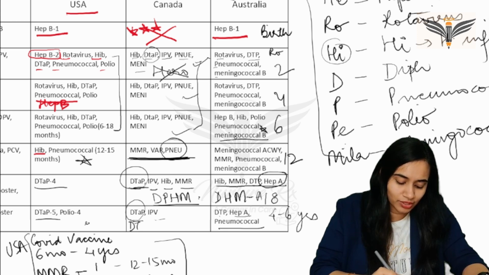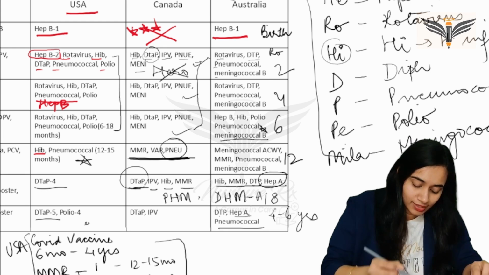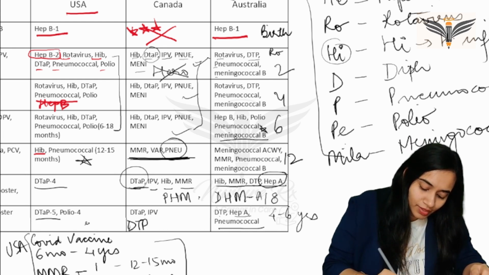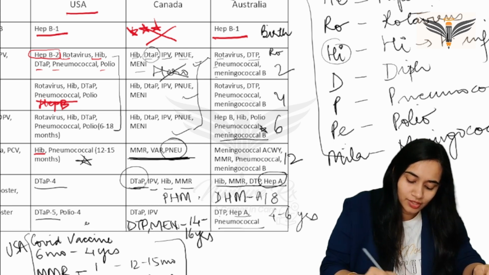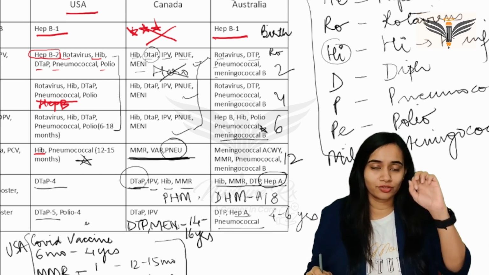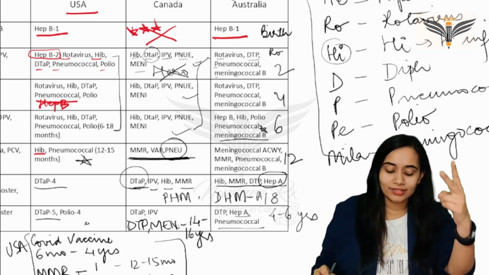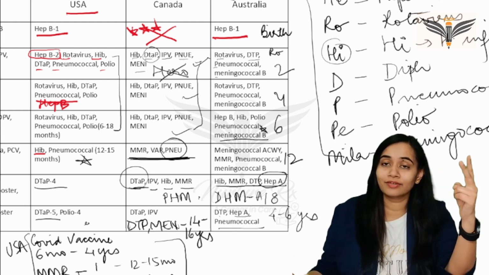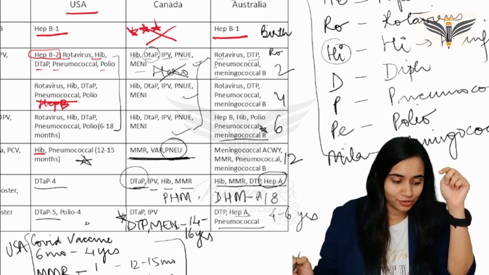See, I'll write just here only the DTP and meningococcal is given at 14 to 16 years of age. Right? So this is the additional vaccine that you have to remember. One is HPV. HPV is given at 9 to 13 years of age, and the other is DTP and meningococcal vaccine. It is given at 14 to 16 years of age. These are the two extra vaccines in Canada that you have to remember.